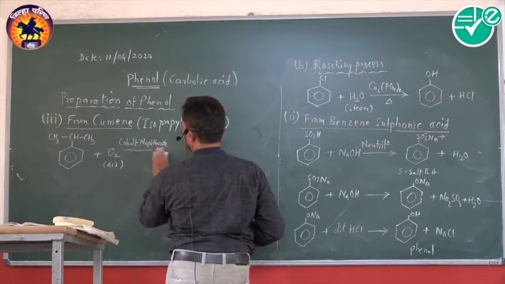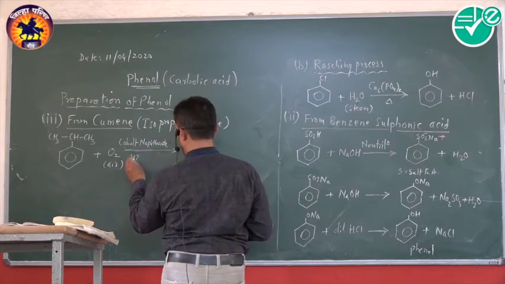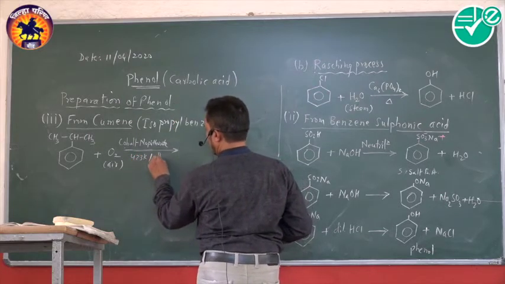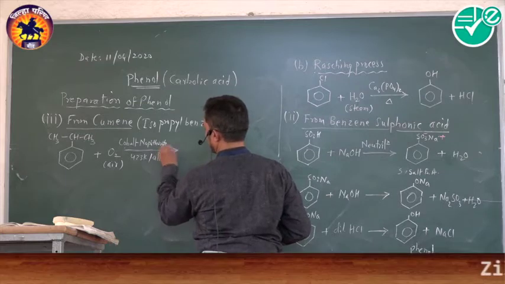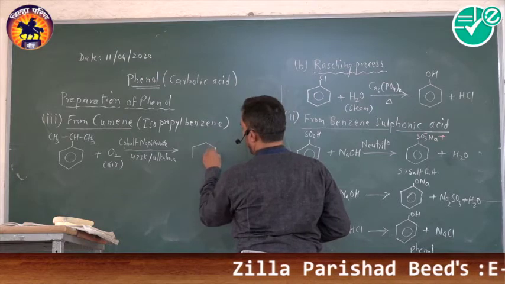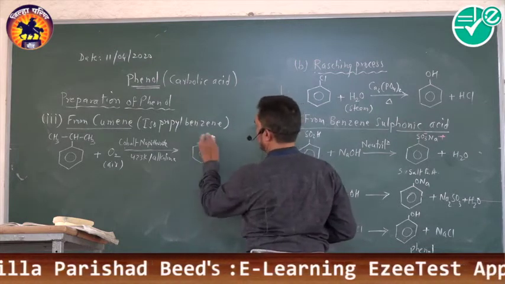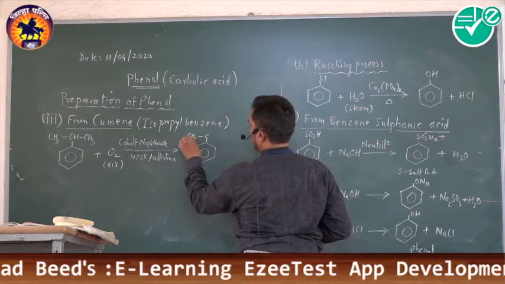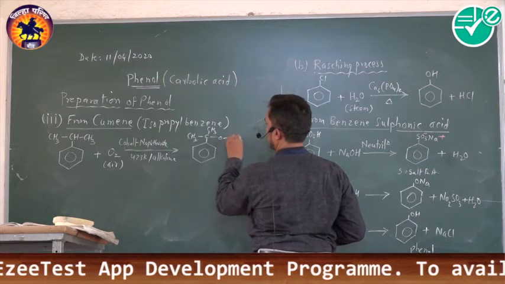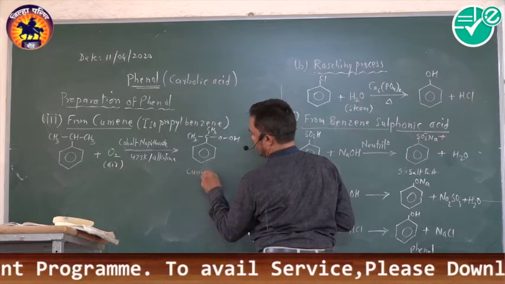It's a catalyst used in this reaction. The temperature required is 423 Kelvin in alkaline medium. So it's going to form cumene hydroperoxide. The cumene hydroperoxide formula is given. It's called cumene hydroperoxide.